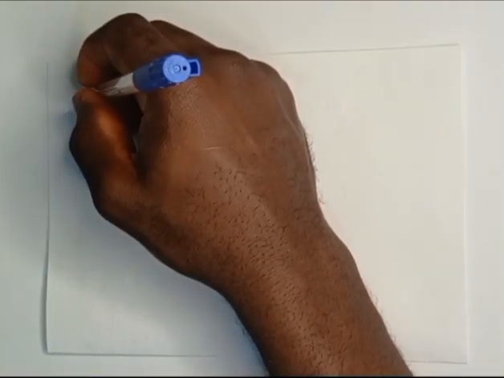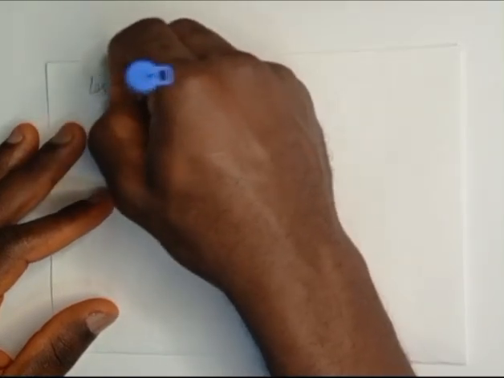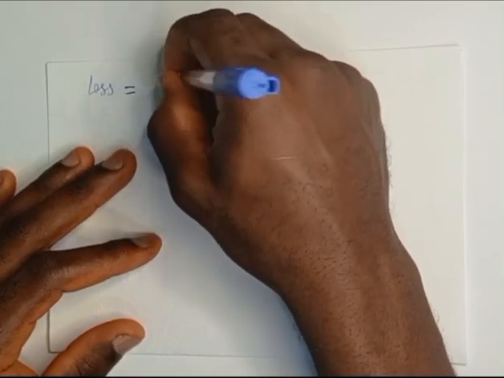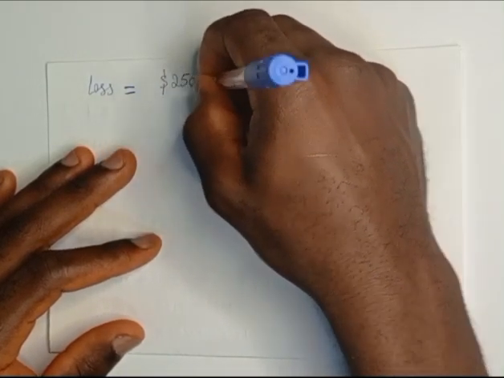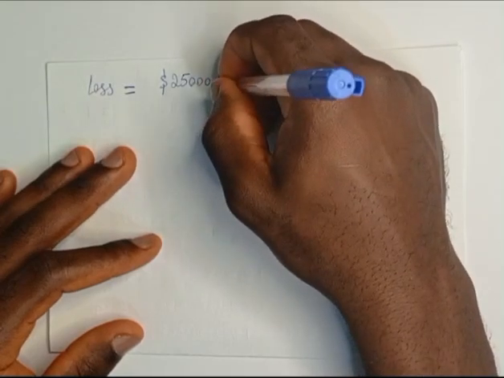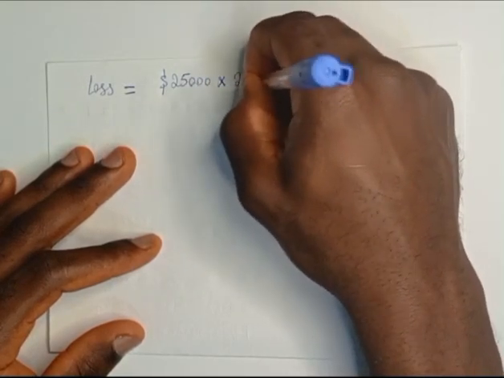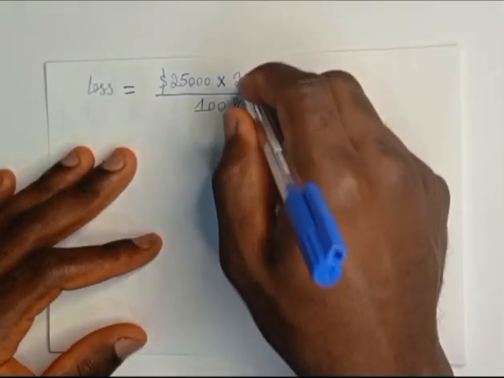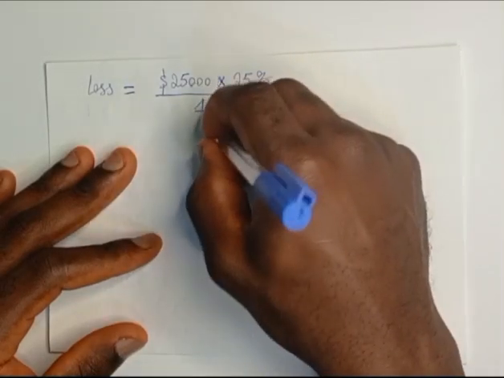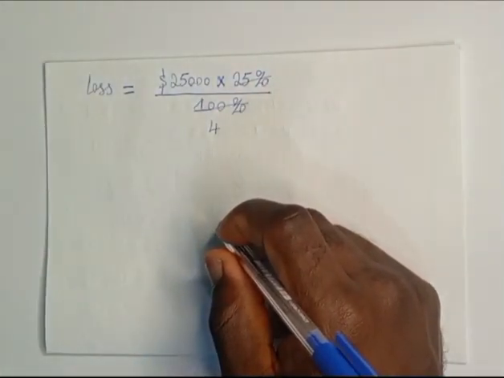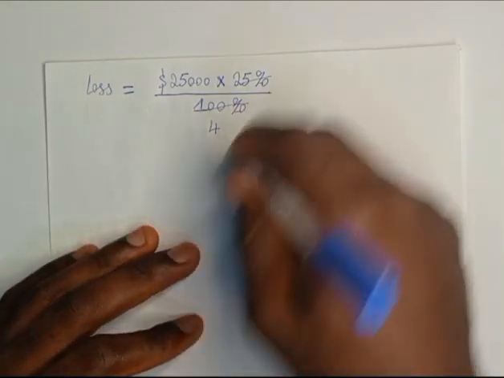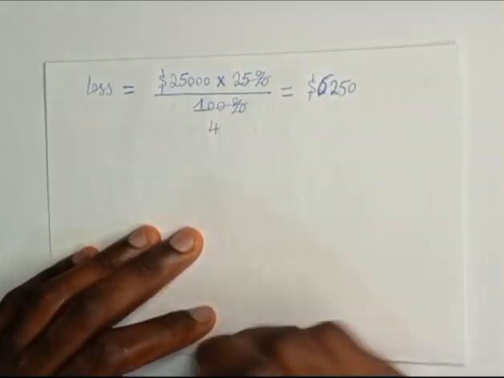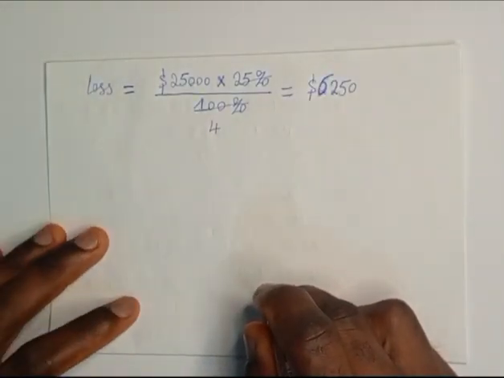By inserting the values, this will give us the loss to be equal to the cost price of the item, which is $25,000 times the percentage loss, which is 25%, we divide by 100%. 25% will go into 100% 4 times. 25,000 divided by 4 gives us $6,250 is the loss made.